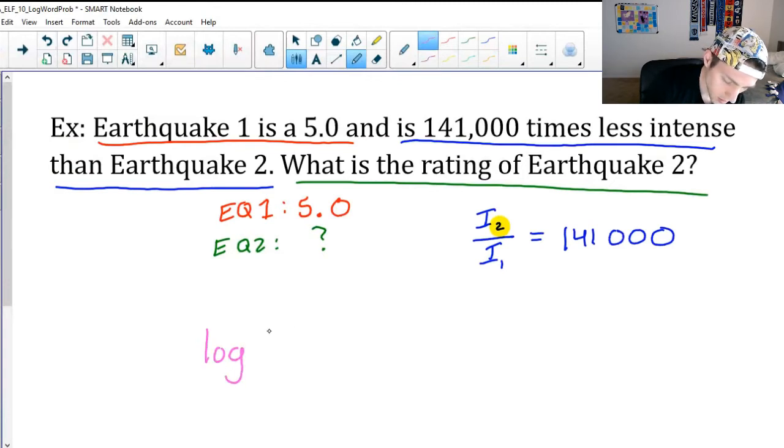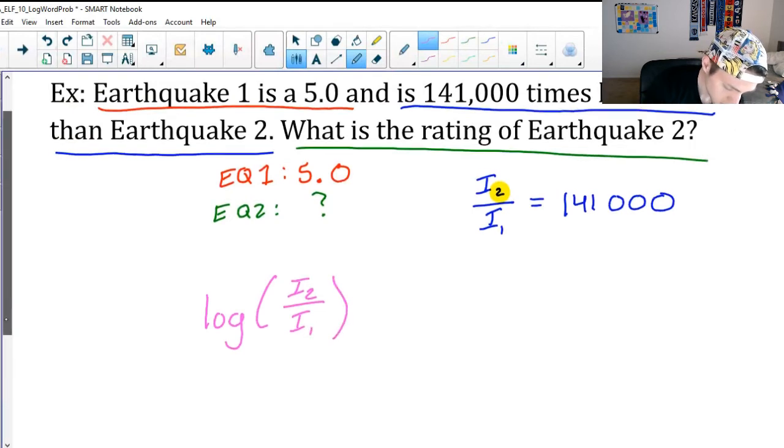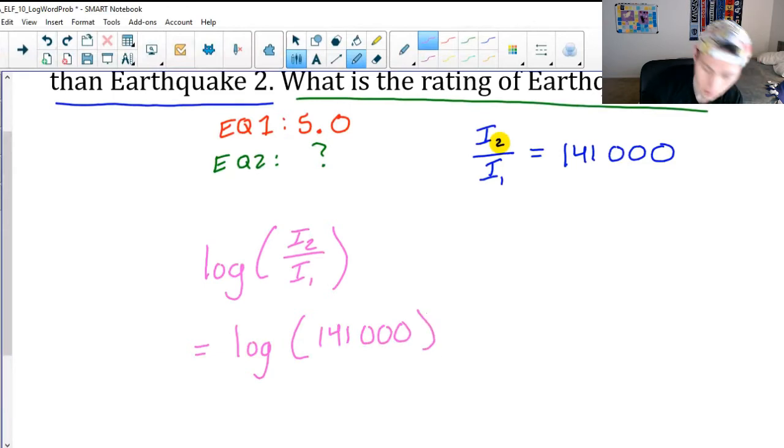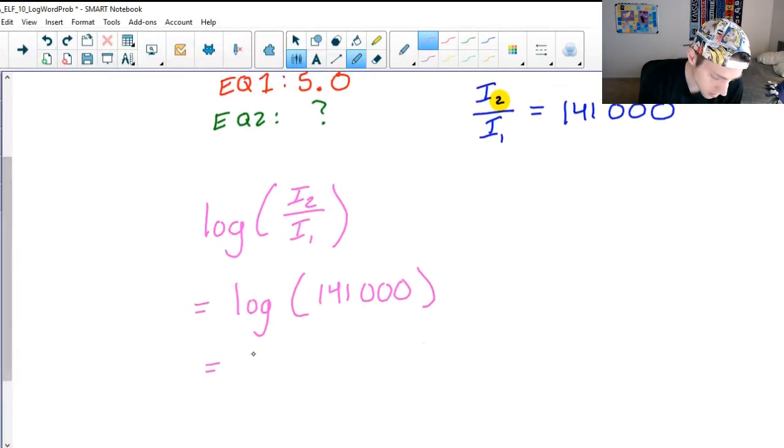All right, so we'll use our formula, common log of intensity 2 over intensity 1. So that's common log of 141,000, which is 5.1.